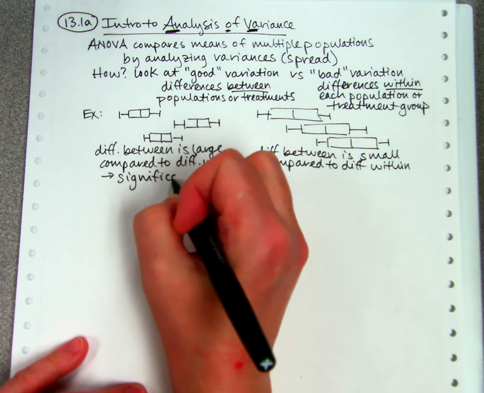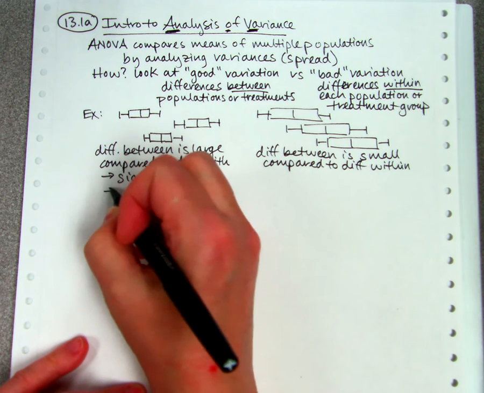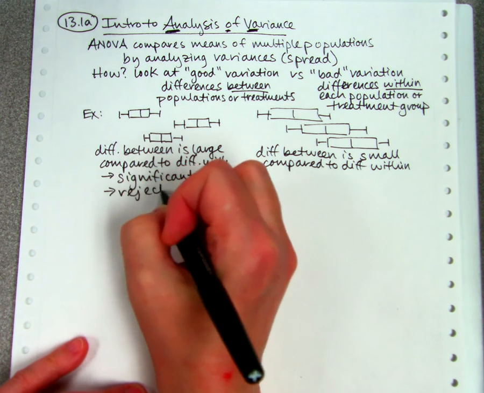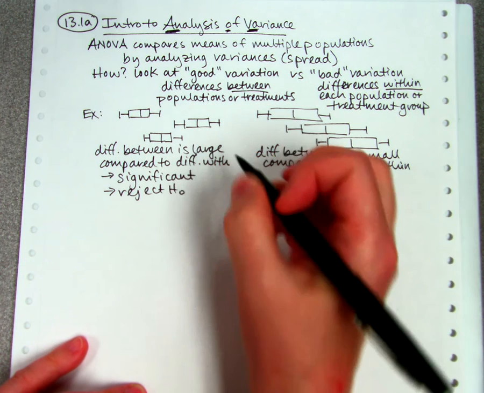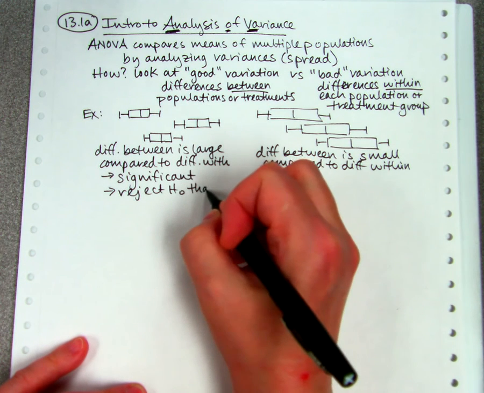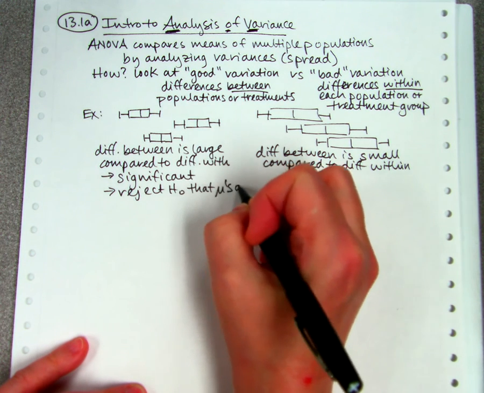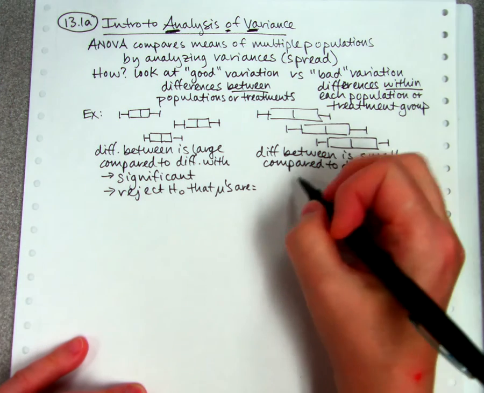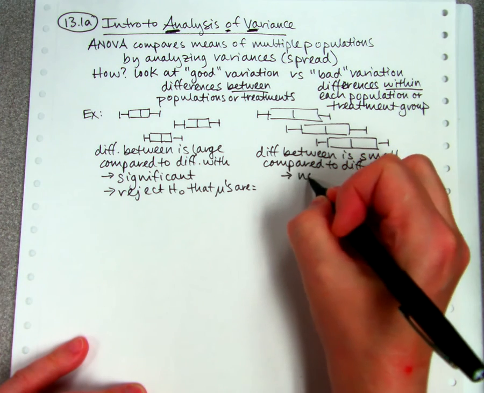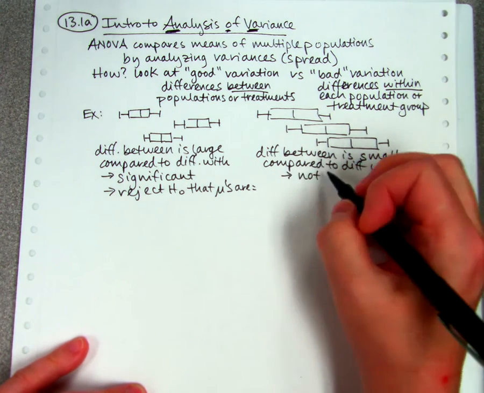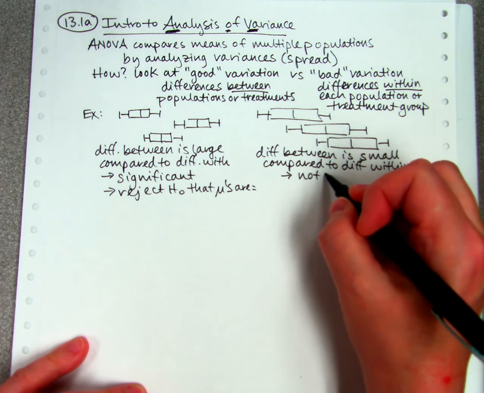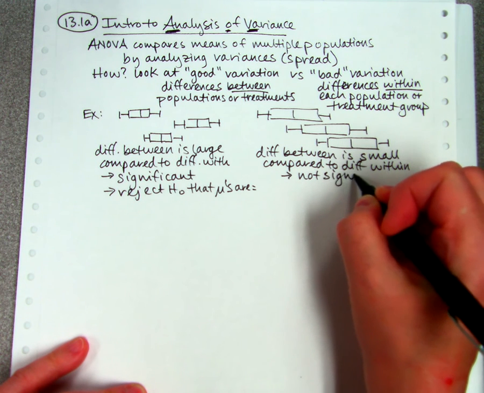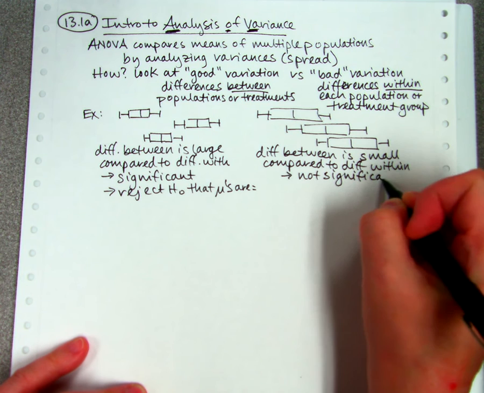And so the earlier one is likely to come out significant, a difference between the means, which means we would be rejecting a null hypothesis, which we haven't even really talked about yet, but the null would be that the means are equal. And this one would be not significant, most likely, but it might be. It's just kind of on the border the way I do it. So it's hard to say without the numbers, but more likely to be not significant.